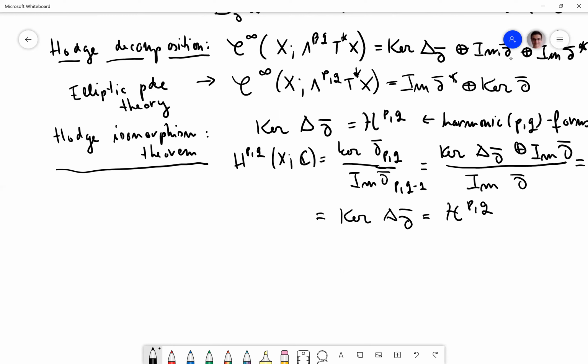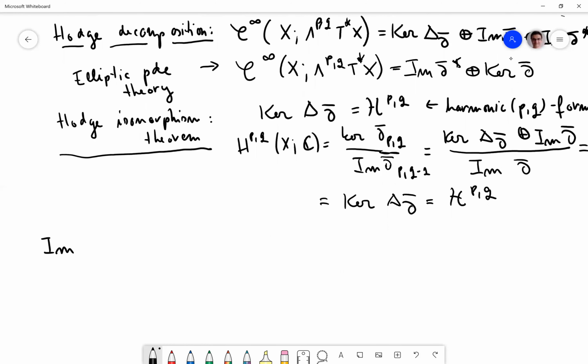Okay, good. Now here, so far we haven't used anything about our manifold being Kahler. So here's an important fact that I hope to show in a later video. This is where the Kahlerness changes the game.